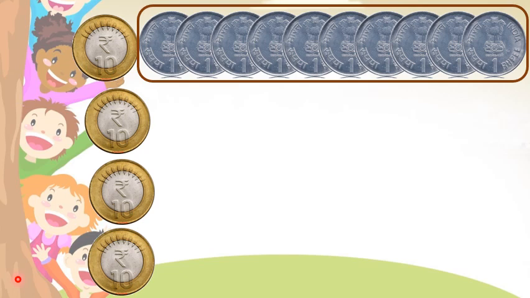What do you say? 10 coins of 1 rupees, are they equal to 1 coin of 10 rupees? Yes, okay. Then if you say this is right, then I will give this 10 rupee coin to Sonali. Okay, I got 1 10 rupee coin change.